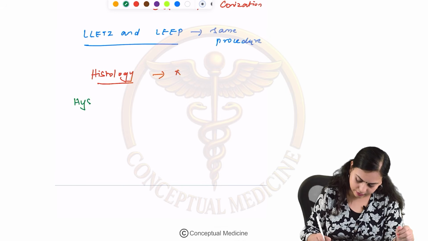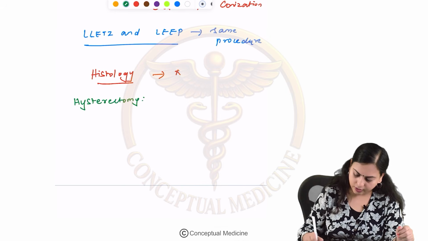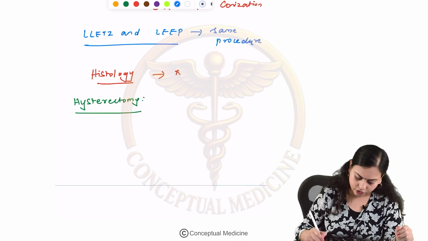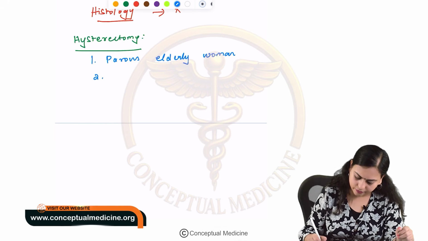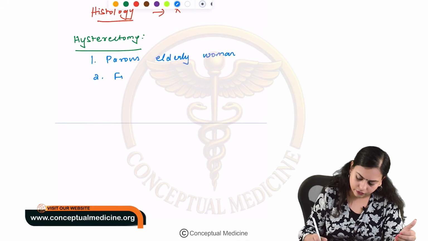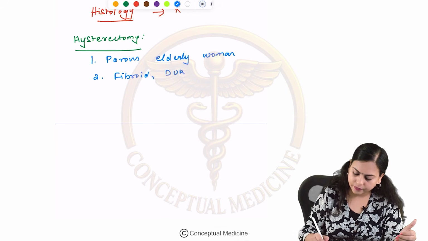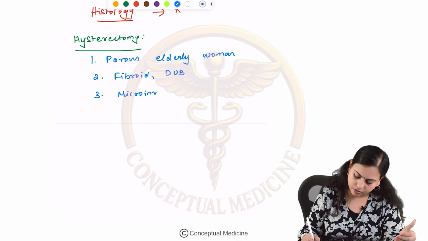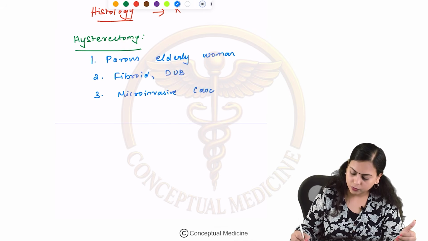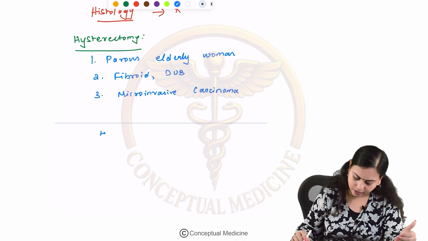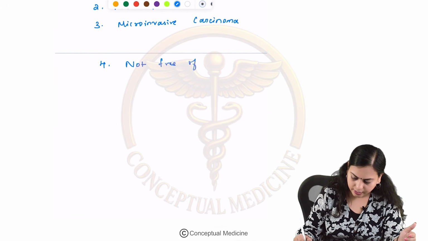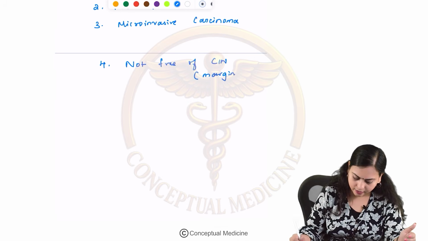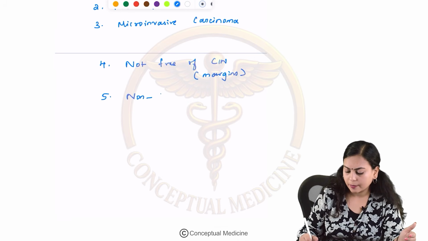Now, when is hysterectomy done? Indications of hysterectomy in CIN: when she is a parous, elderly woman, or there is any associated uterine pathology like fibroid or dysfunctional uterine bleeding, when there is micro-invasive carcinoma, or when the margins of conization are not free of CIN, and when you think the patient will be non-compliant for follow-up.